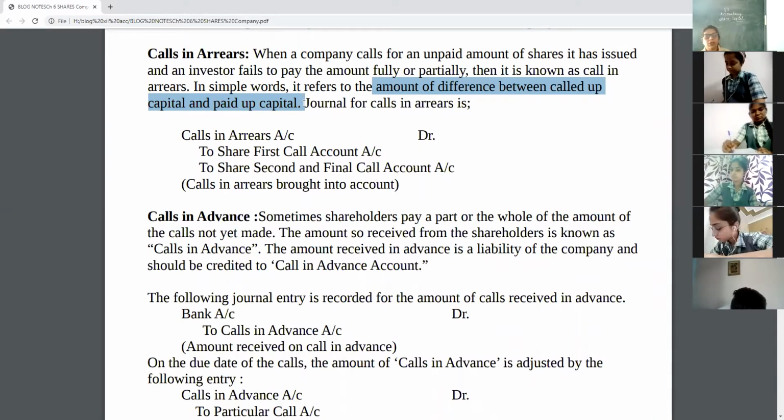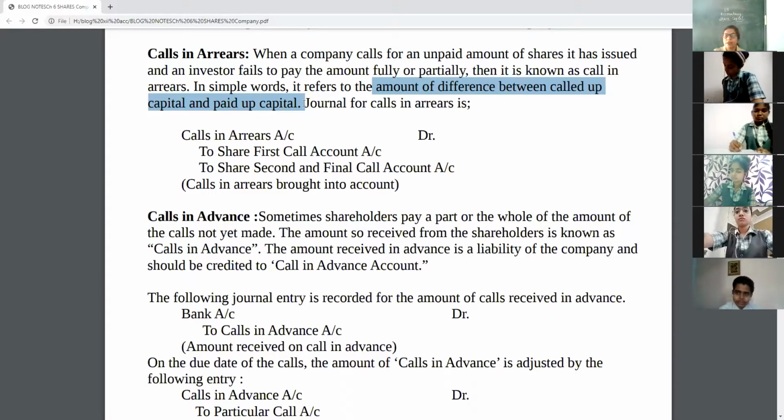Means the amount which is unpaid, the amount which the shareholder is unable to pay, fails to pay, fully or partially. Fully means if the shareholder has 500 shares and he is unable to pay the second call, then it is fully arrears on second call. Or maybe the number of shares is 500, but the shareholder paid the second call only on 300 shares.